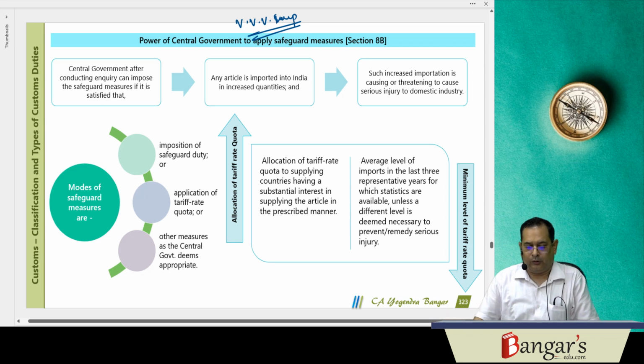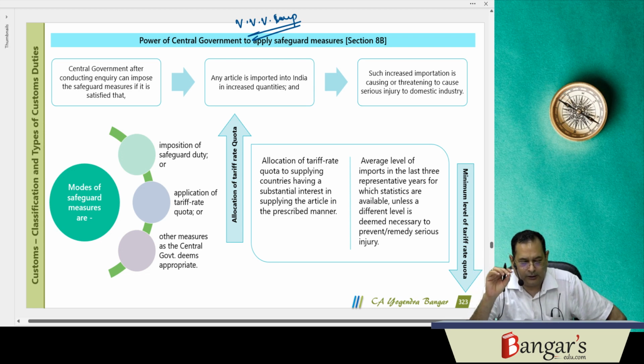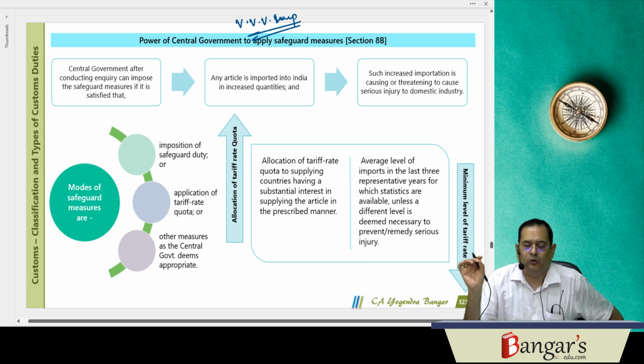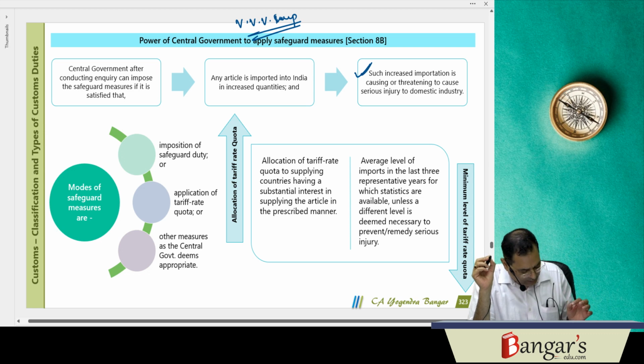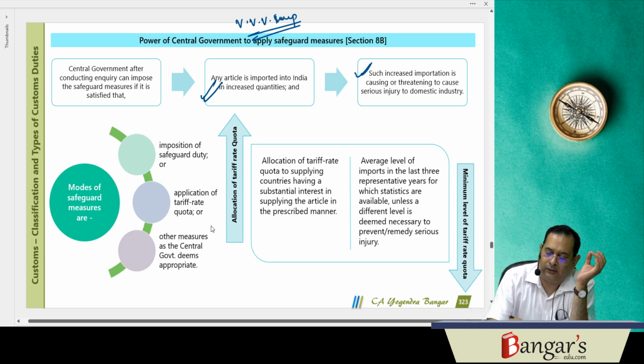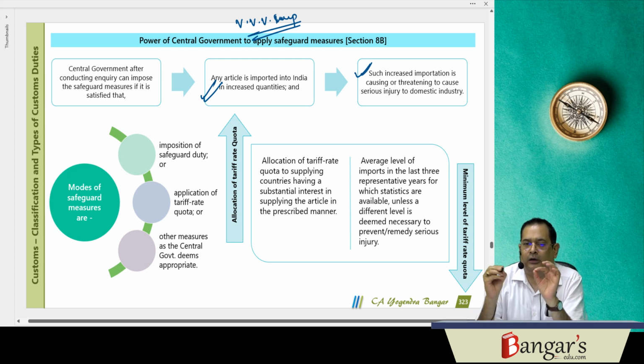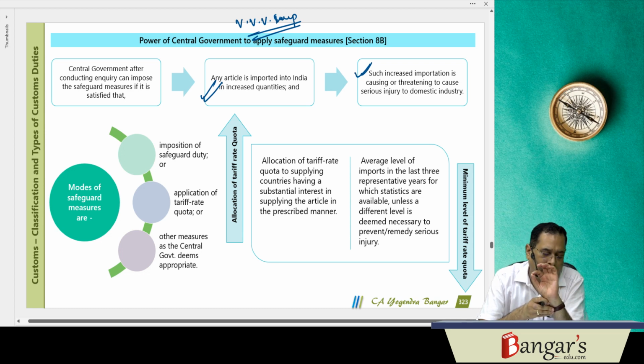Safeguard measures can be imposed by the central government if, after conducting an inquiry, it finds that any article is imported into India in increased quantities, and such increased importation is causing or threatening to cause what? Serious injury to the domestic industry.